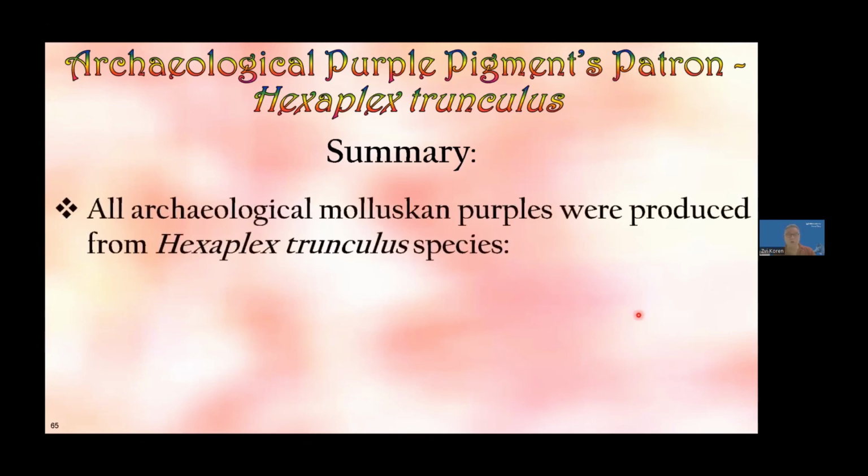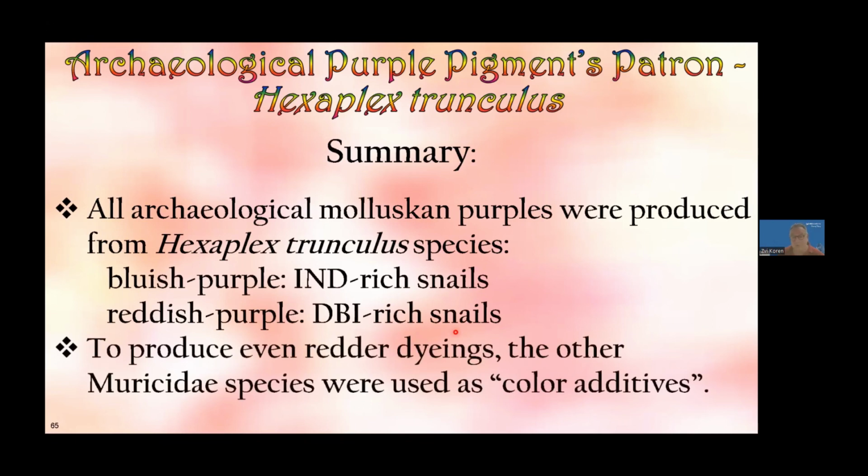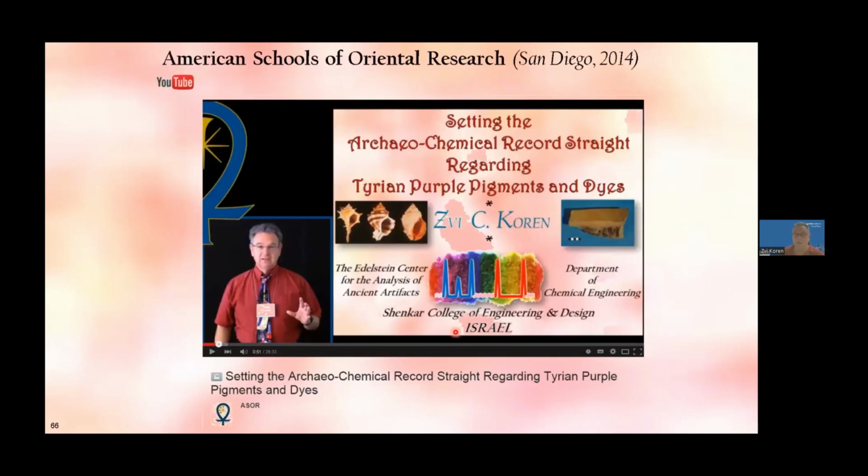To summarize, without showing you all the proofs, from what I have seen and from my own analyses, all archaeological purples that were done around the world were produced from trunculus species, either bluish purple or reddish purple, and to produce even redder dyeings, the other species were color additives.